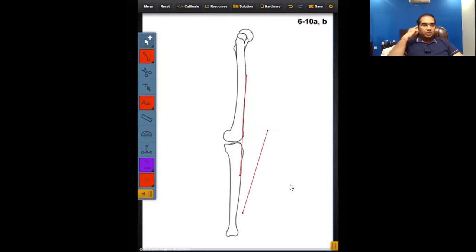If the patient has a fixed flexion contracture, he must be standing, and when he is standing, he is extending his knee to the maximum limit. Or if there is a hyperlaxity, again he will be extending his knee to the maximum limit.